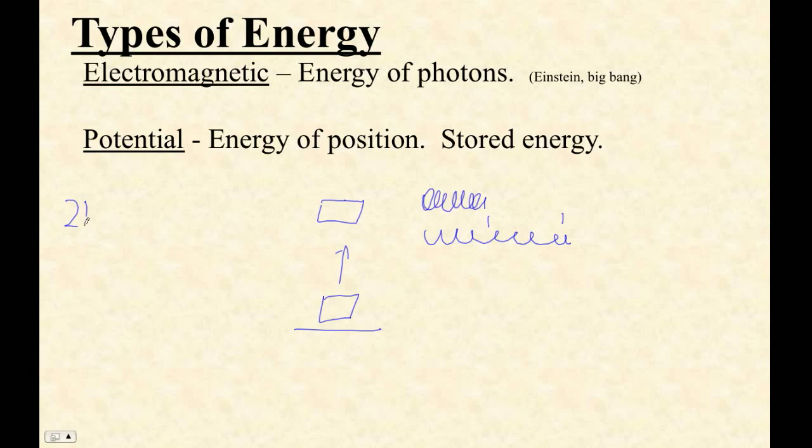We could have 2 hydrogen atoms bonded to each other plus an oxygen, and that could turn into 2 water molecules. Well, this is a tremendous amount of potential energy. This is what propels, or did propel, the space shuttle into space. So anything that depends on position is potential energy.